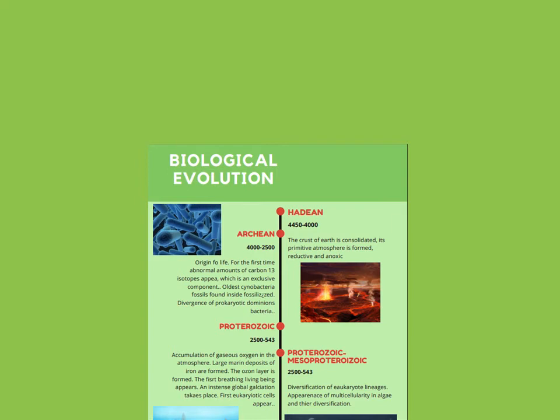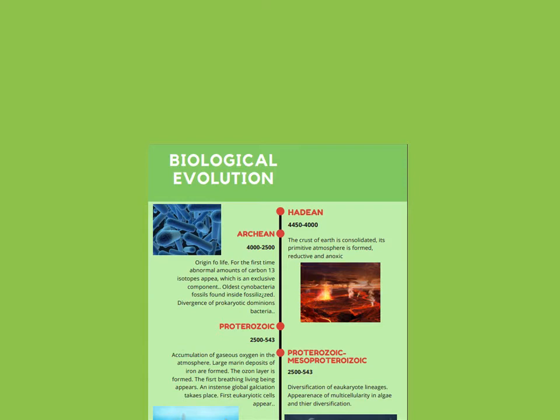Hi, my name is Angel Villa and I'm going to explain to you the biological evolution that the Earth passed through. The first stage of the Earth was the Hadean. It went from 4,450 to 4,000. The Earth in the solar system originated.